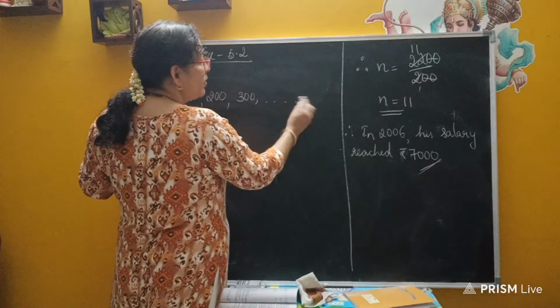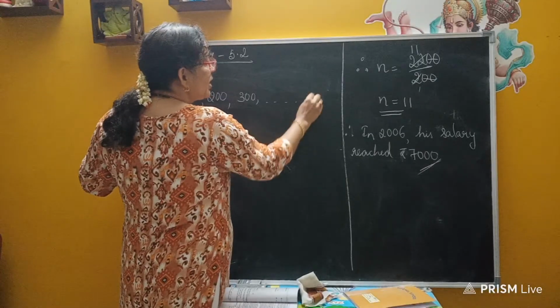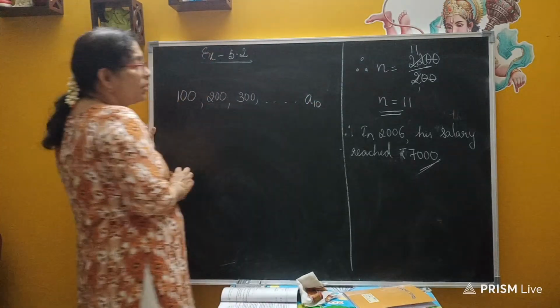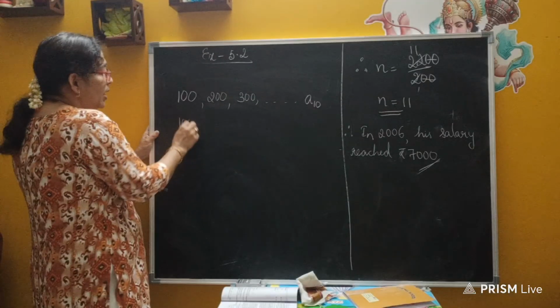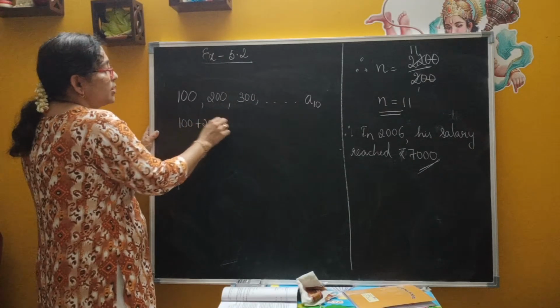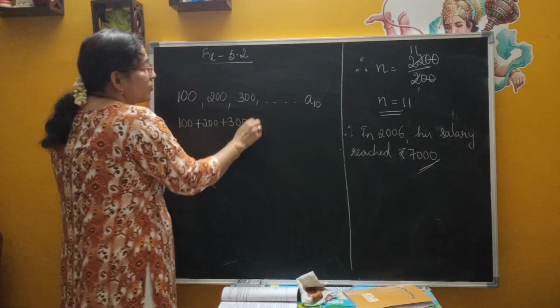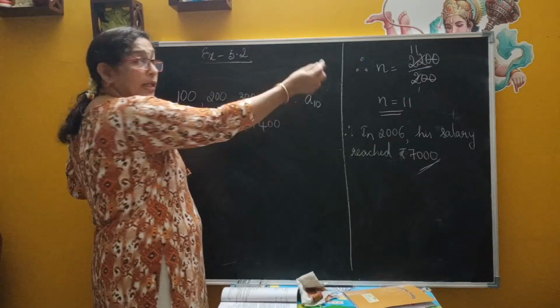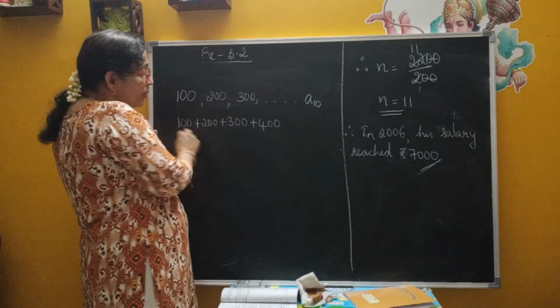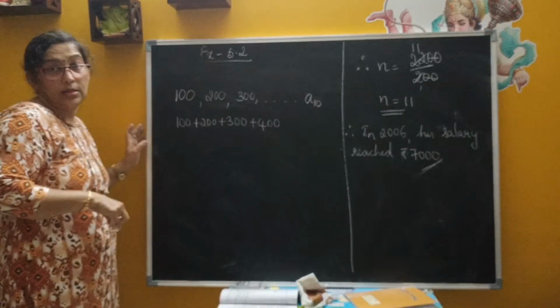That is up to the 10th month, a10. What do you do if you want to find this? You keep on adding 100 plus 200 plus 300 plus 400, like this, till you get the 10th value. Then find the sum. That is your result, isn't it?